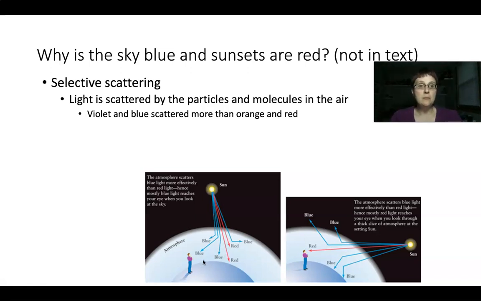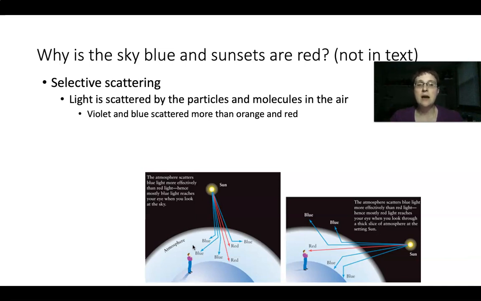So we won't see them. They'll hit the things on our planet, and they'll help us see colors and so forth. But the blues and the violets are going to bounce off of the molecules in the atmosphere more. And because they're bouncing around, we can see them up in the atmosphere. And so it makes the sky appear blue.